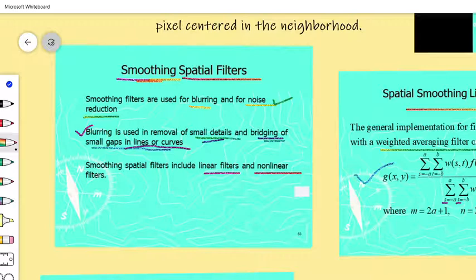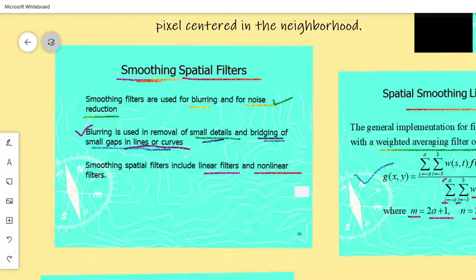The size of the weighted average filter m is calculated as 2a plus 1, and n is equal to 2b plus 1.